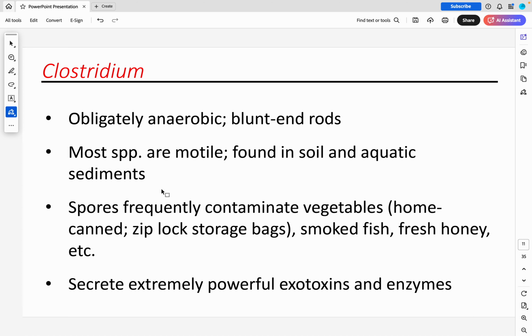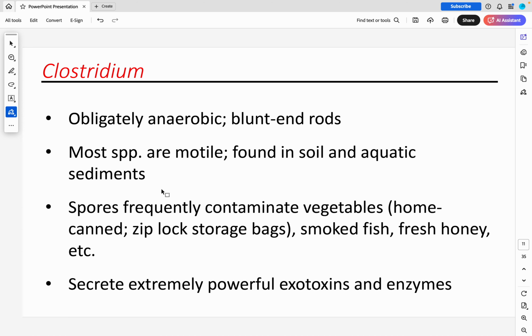Most of the species of Clostridium are motile, and similar to Bacillus, they're found in soil, in aquatic sediments, in the environment. Their spores frequently contaminate produce such as vegetables, especially for those practicing home gardening.